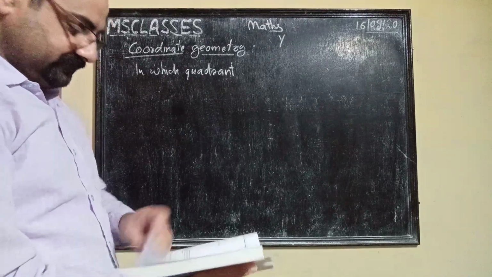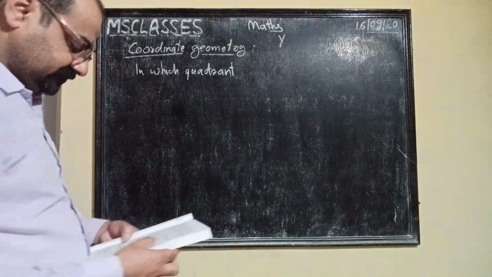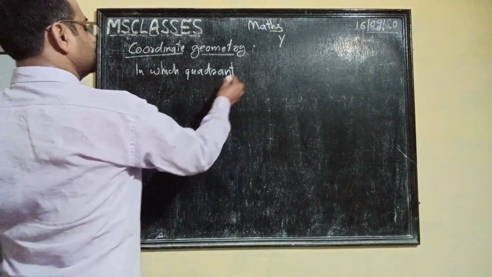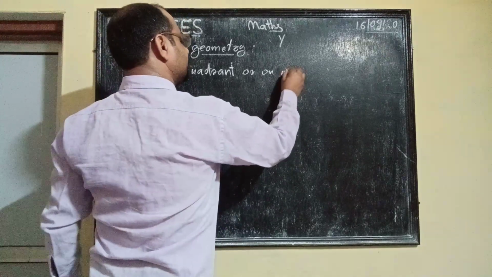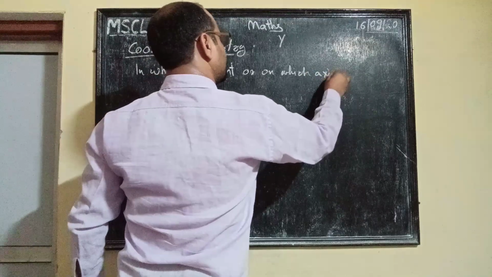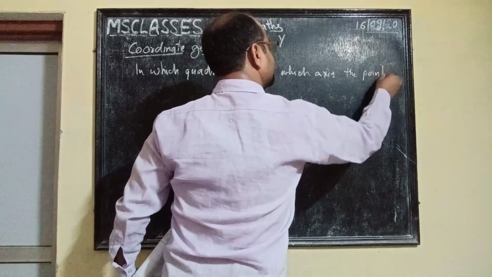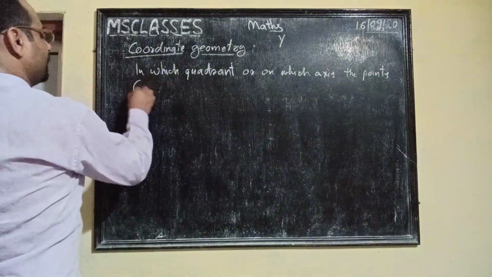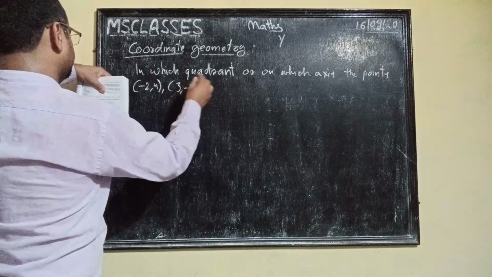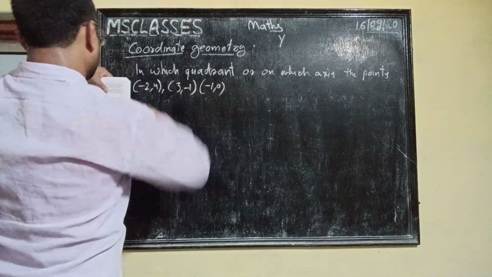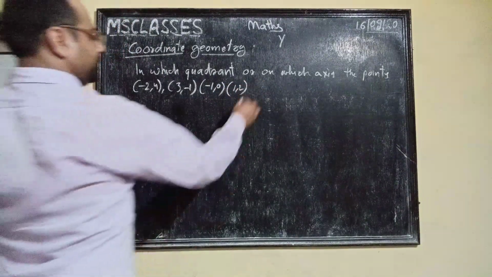Your question: in which quadrant or on which axis do the points (-2, 4), (3, -1), (-1, 0), (1, 2) lie.